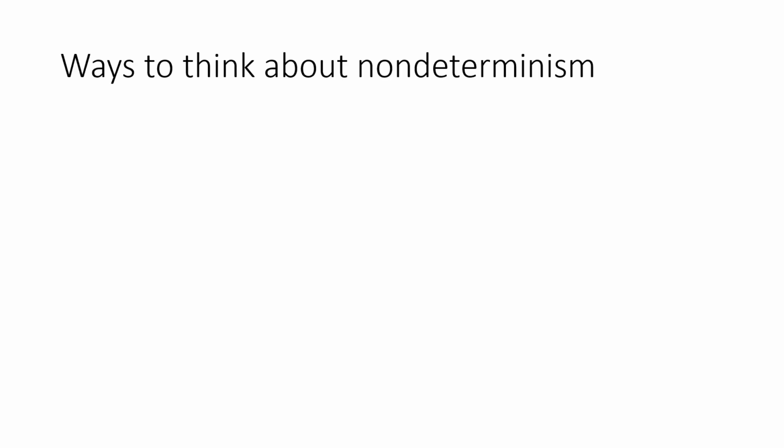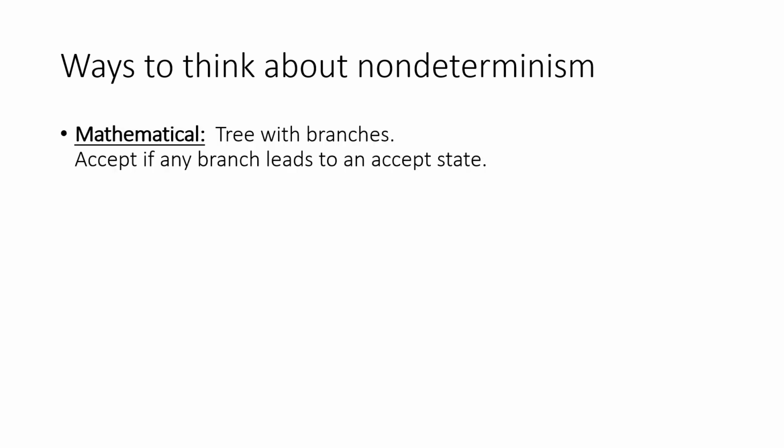So just talking about having that at least one accept path, there are a couple of different ways you can think about non-determinism. There's the mathematical way, which is to think of it as a tree with branches. You accept if any of the branches leads to an accept state. So basically, you just check all the possibilities. You draw out a nice little tree that tells you what those are.